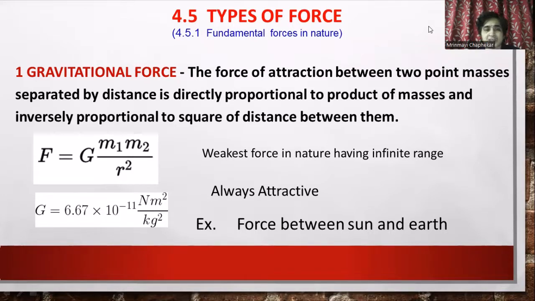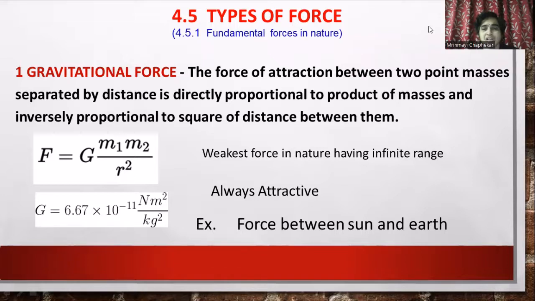Prithvi and safarchand, the example is famous. The question is whether only earth attracts the apple or the apple also attracts the earth. The answer is both attract each other with the same force, right? Because the force is F is equal to G m1 m2 upon r square.